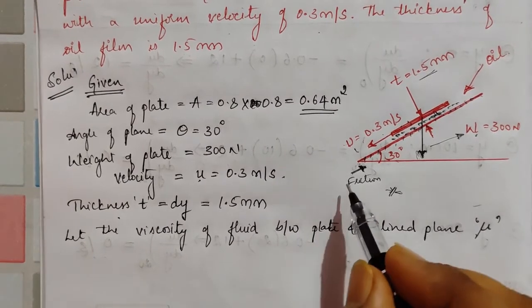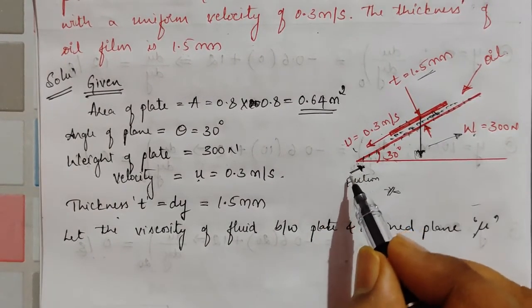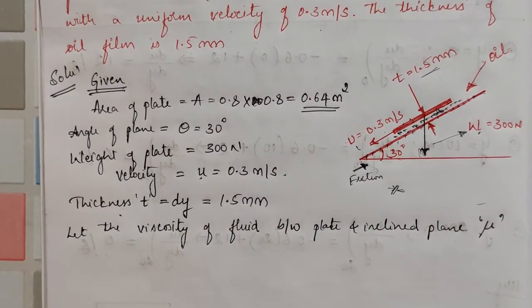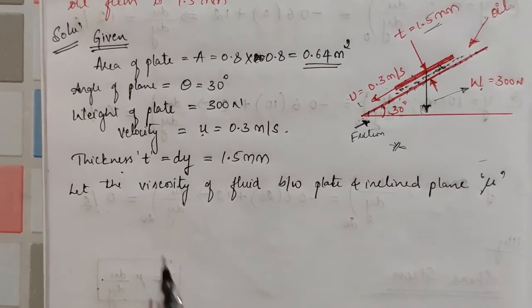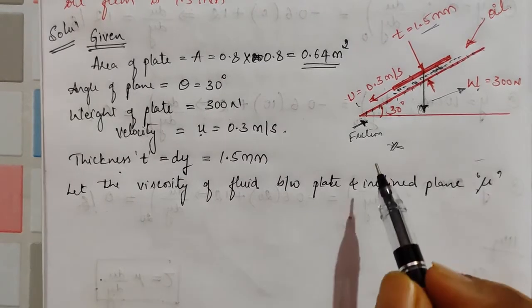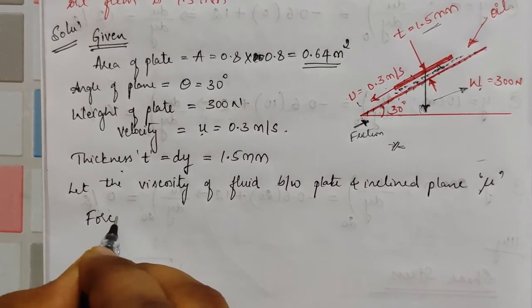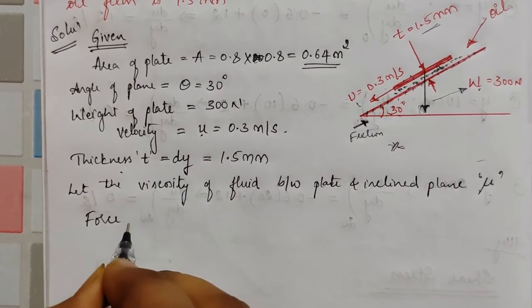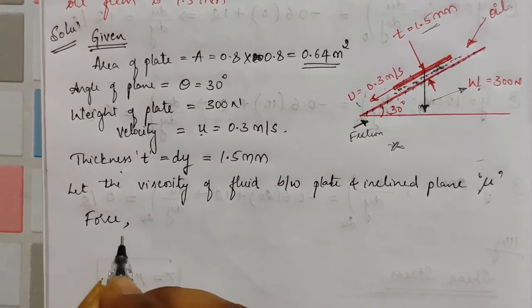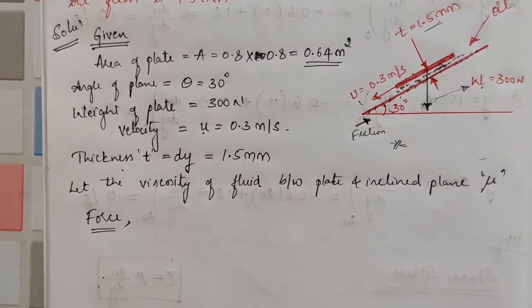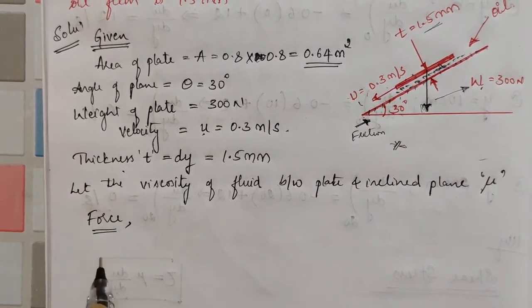So friction force exerts a force like this, opposite to the running force, right? Now we need to find a force. Here in this chapter, any force on the liquid is shear force only.